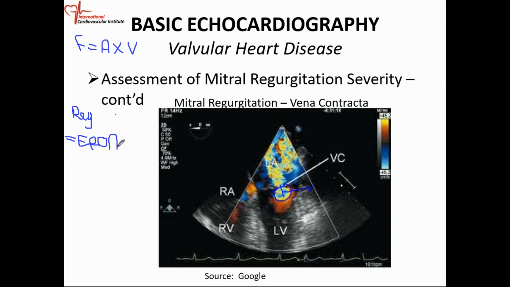A, okay, times this regurgitation velocity. Now you just stick your CW there and you can get the peak MR velocity. So the peak MR velocity is the velocity that we're talking about. So it would be VMR, the peak MR velocity.